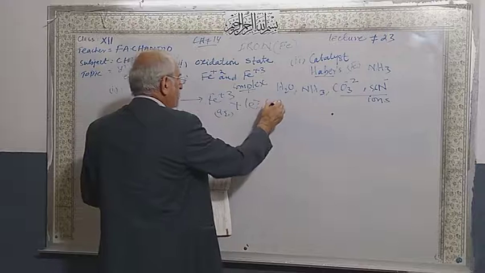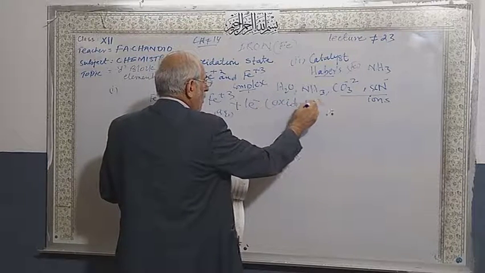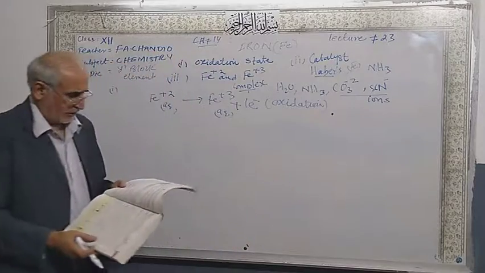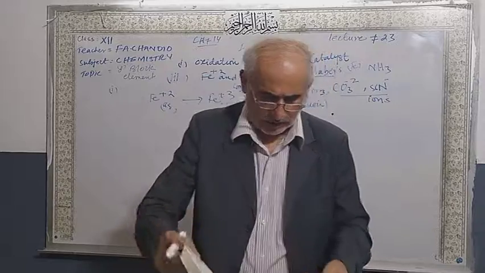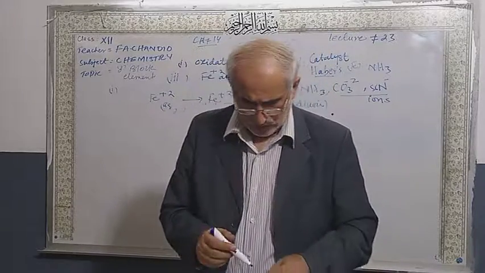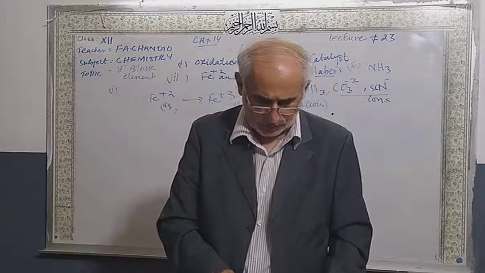So this is an oxidation process. The iron is thus a reducing agent because it is going to be oxidized itself. The substance which oxidizes itself is called a reducing agent.